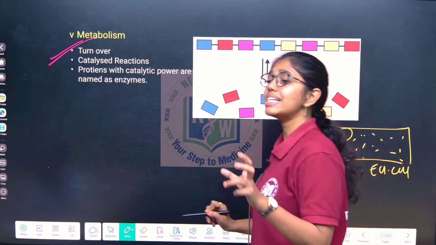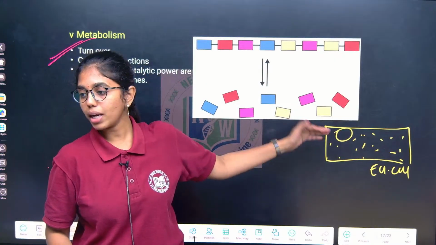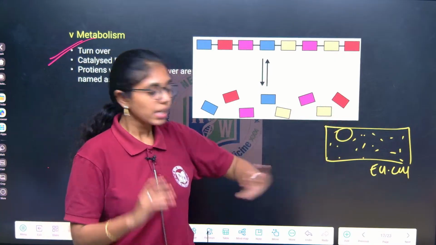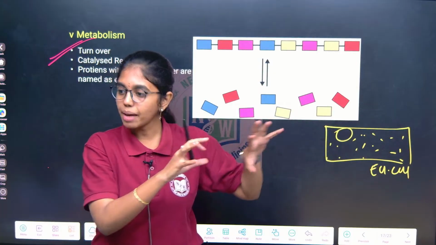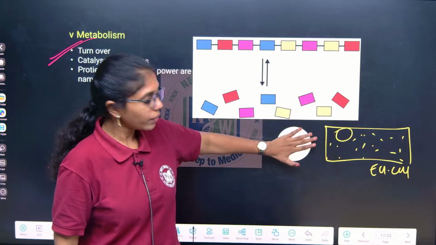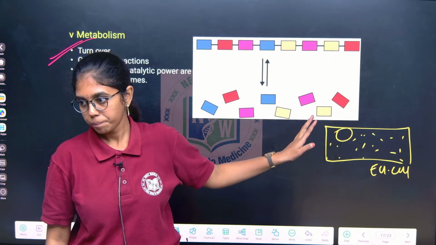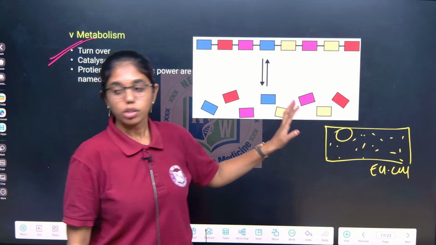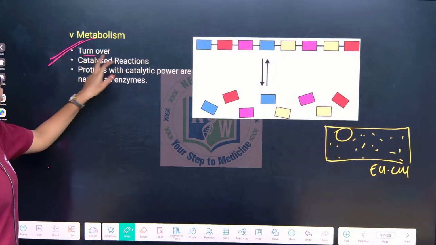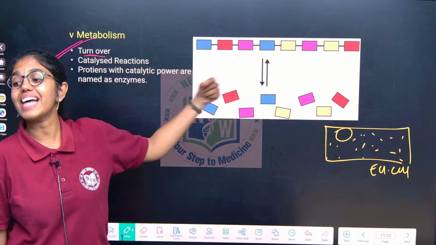Always, a cell in a living state means all the components are metabolically dynamic. In a cell, some things will always be forming, some things will always be destroyed. That movement will completely be there. When a cell attains equilibrium, it is a dead cell. Yes or no? So turnover is nothing but all the constituents present inside a cell being dynamic in nature.